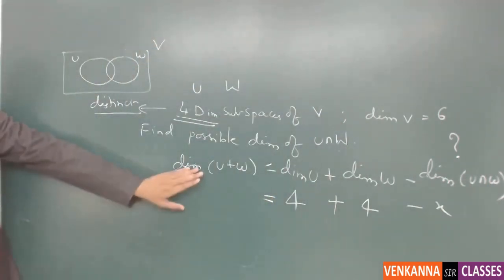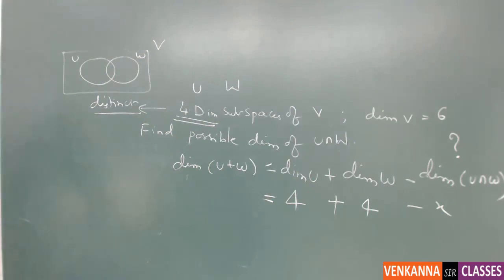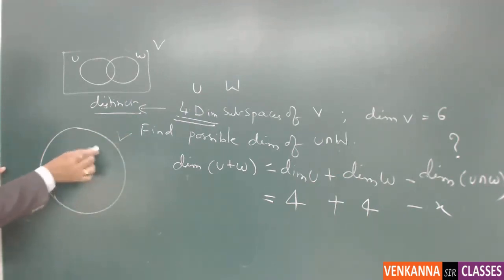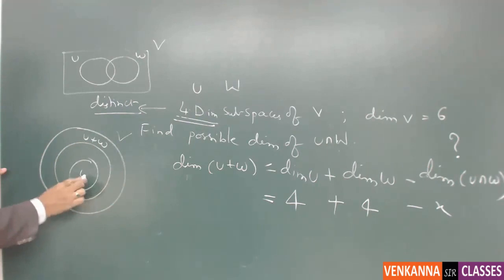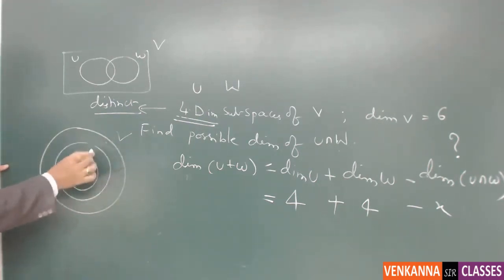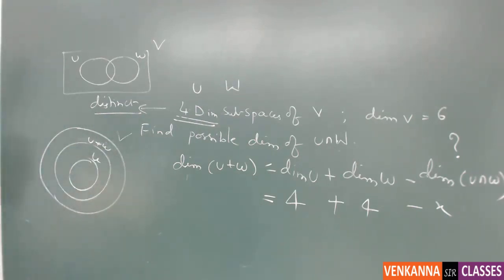And how about this one? What can we say about the dimension of U plus W? So for your convenience, I will give the idea that this is V, this is U plus W, and this is U. Here, U and W are distinct.